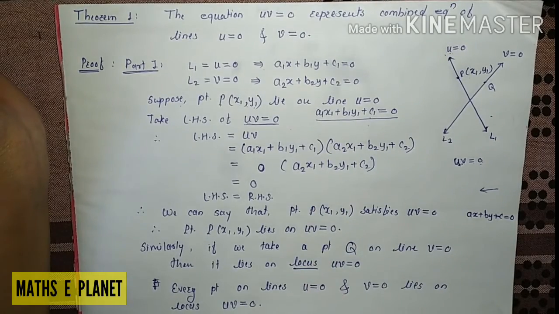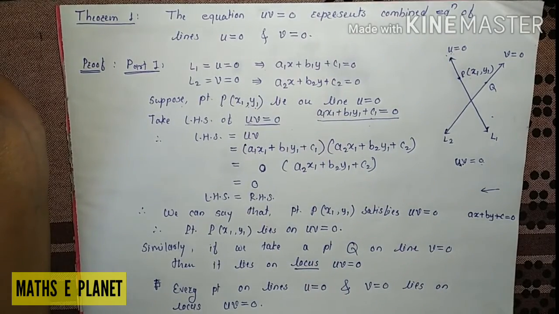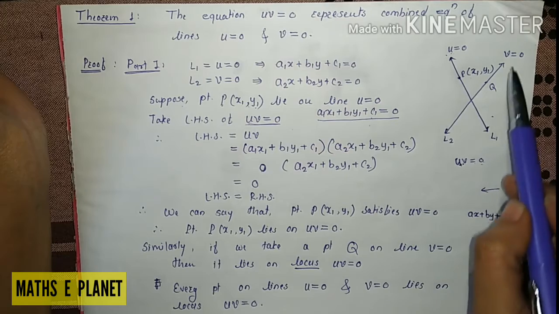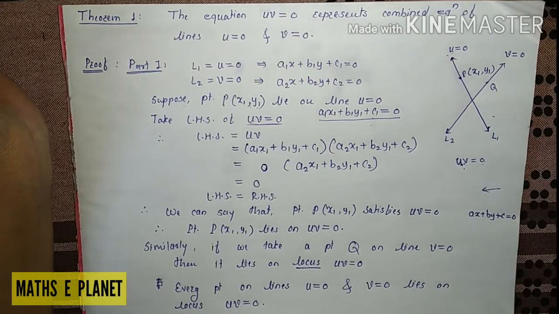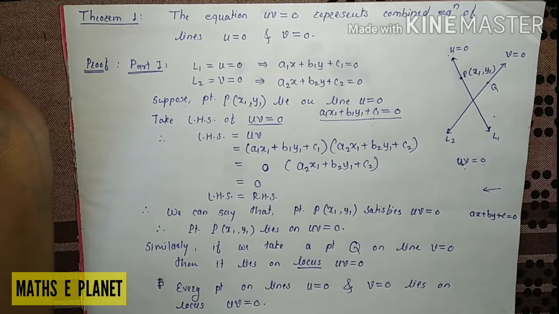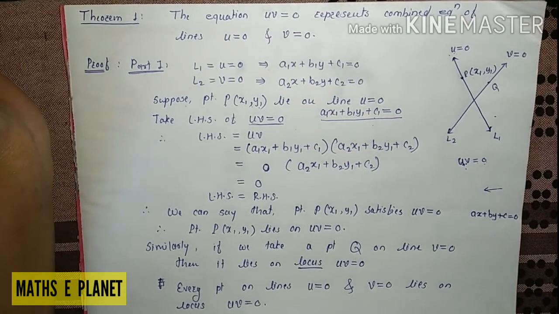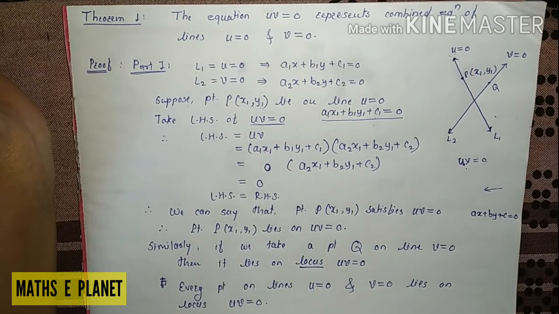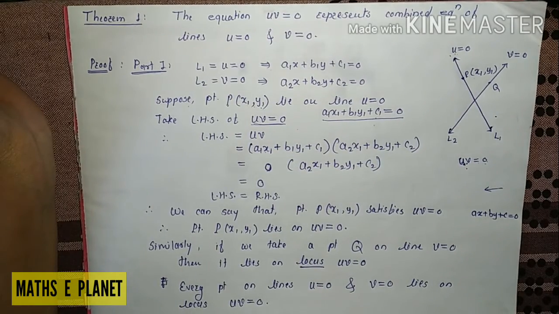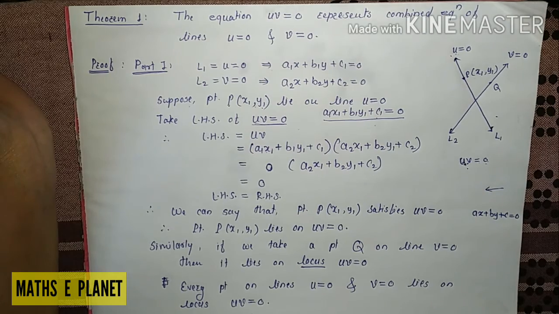From the first part of the proof, we can easily say that every point of the line u is equal to 0 and v is equal to 0 lies on the equation uv is equal to 0. This is the first part. But still the theorem is not proved completely.